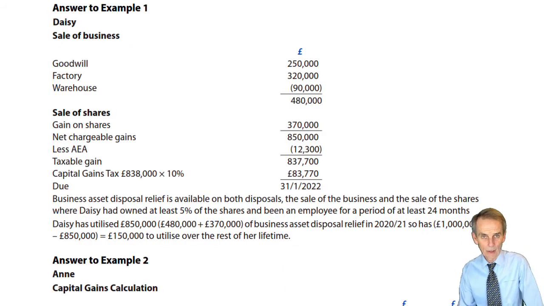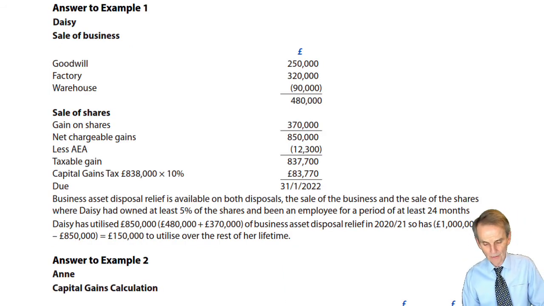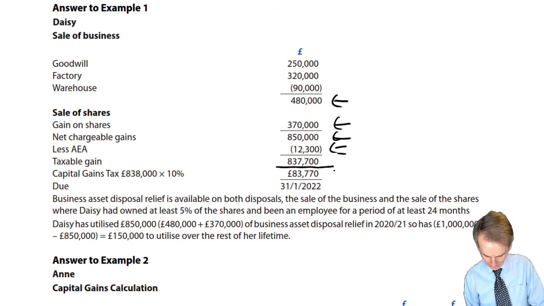Okay, well, hopefully no problems there. We put the three individual assets together, sold when Daisy disposed of her unincorporated trade, to get net gains of £480,000. The sale of the shares gave rise to a gain of £370,000. Net chargeable gains £850,000, less the AEA, bringing you down to a taxable gain of £837,700.